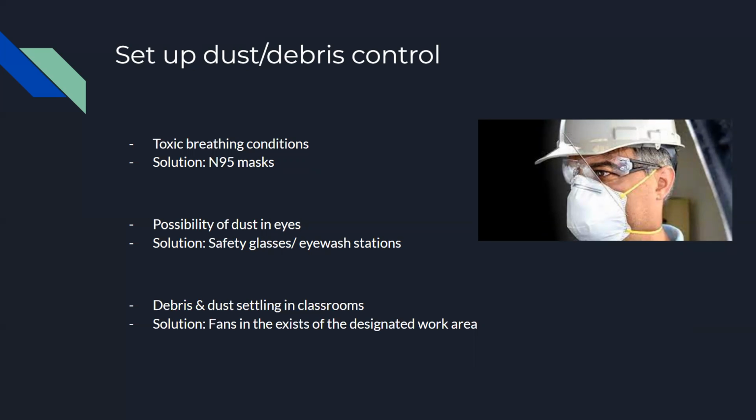We will use safety glasses and have eyewash stations throughout the work area to clean and stay safe from debris that can get in our eyes. Another thing we will do is keep fans in the work area as we carry on with the work. We want to keep air coming in and going out.